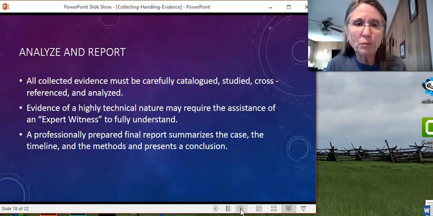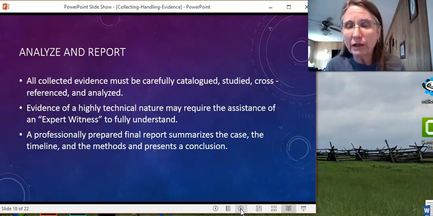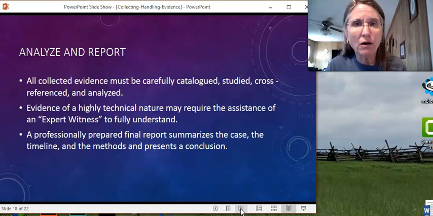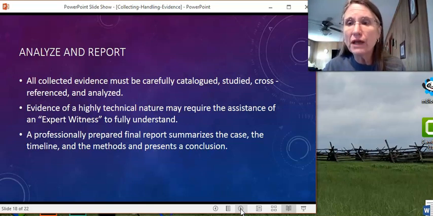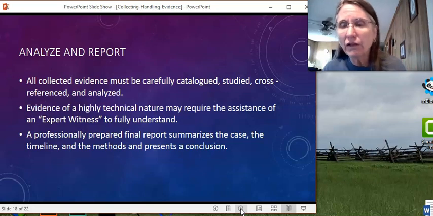But a professionally prepared final report of some kind, probably a written report, but some may also be of an oral nature, needs to summarize the case, walk us through the timeline so we know what things were precursors to what other things, and explain the methods that were used so that we can have trust in the process and lead the reader or listener to a conclusion.